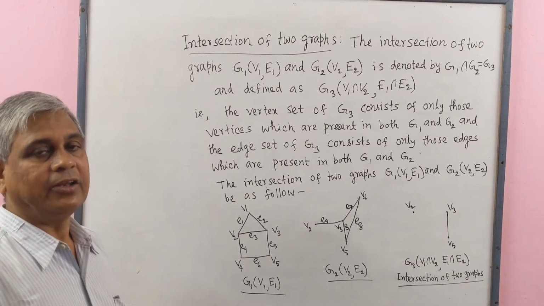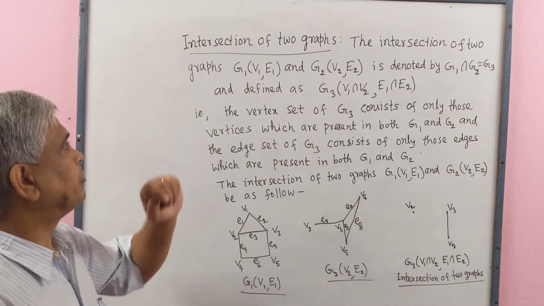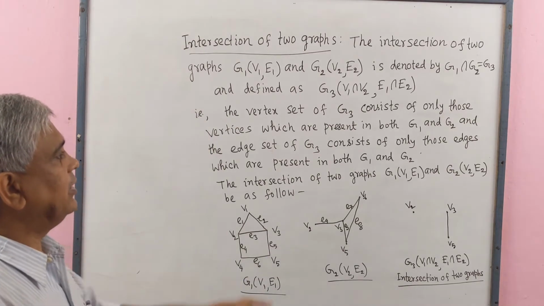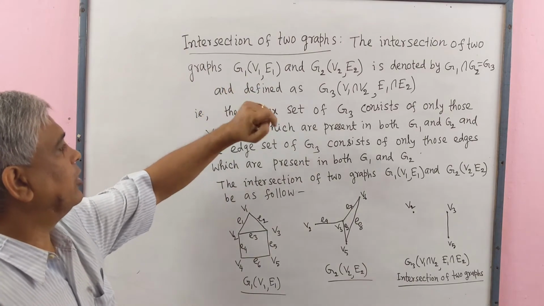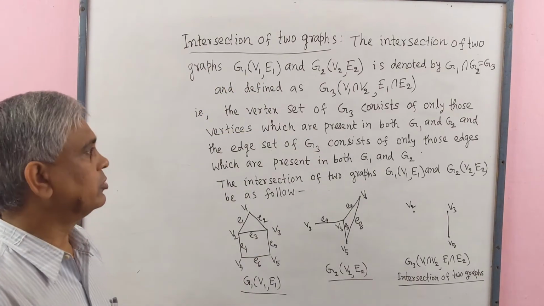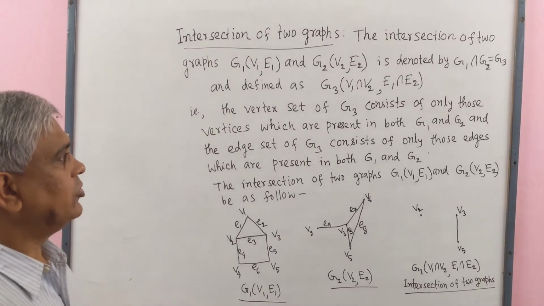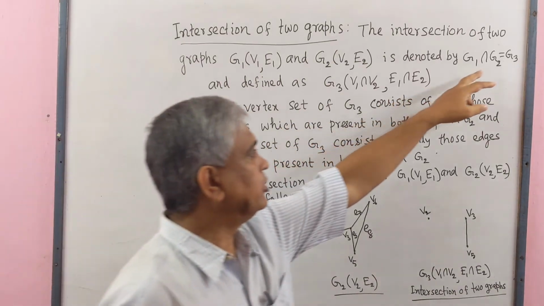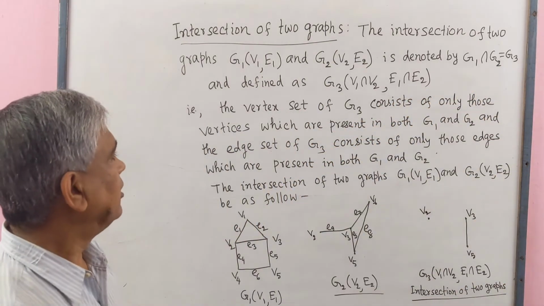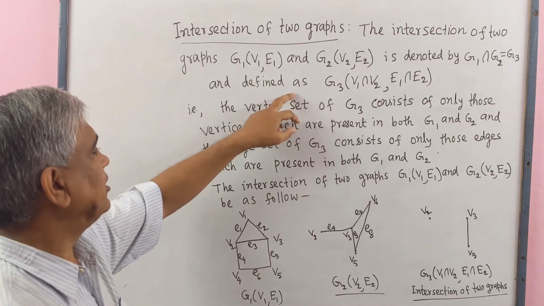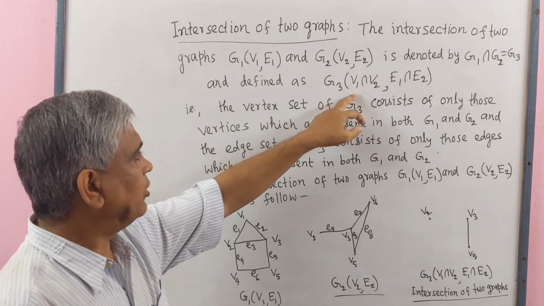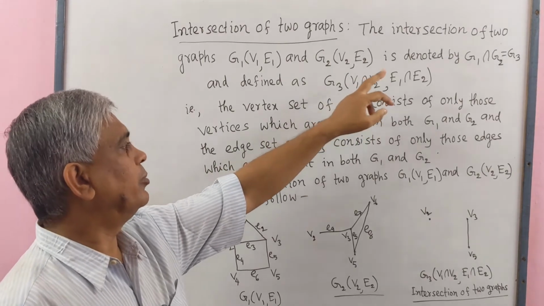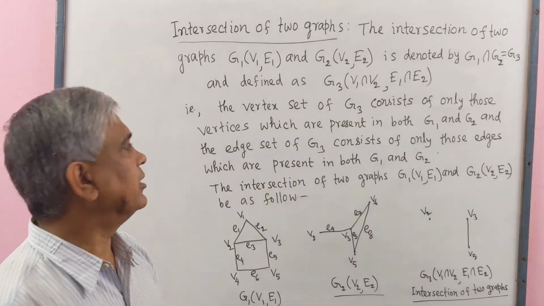Now we define intersection of two graphs. The intersection of two graphs G1 (V1, E1) and G2 (V2, E2) is denoted by G1 intersect G2 equal to G3 and defined as G3 equals V1 intersect V2, comma, E1 intersect E2.